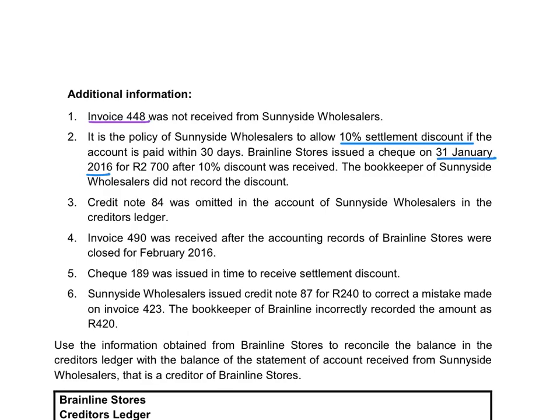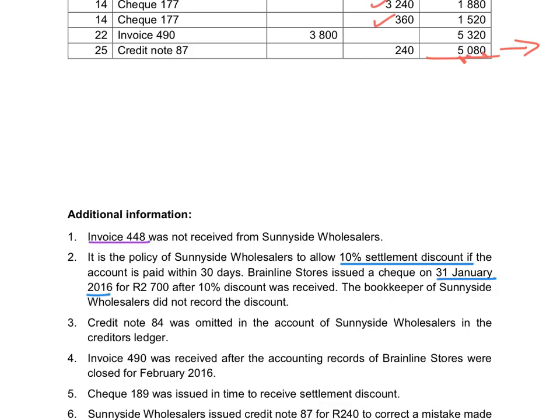The bookkeeper of Sunnyside Wholesalers did not record this discount. That means we have to work out what the discount is so that we can record that discount in the reconciliation statement. If we paid the total debt, we would pay 100%. We received a discount of 10%.